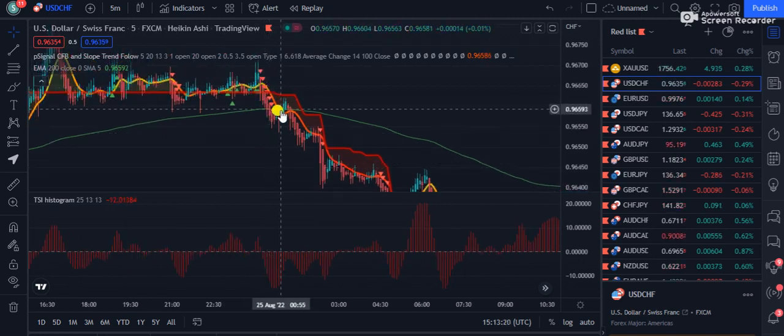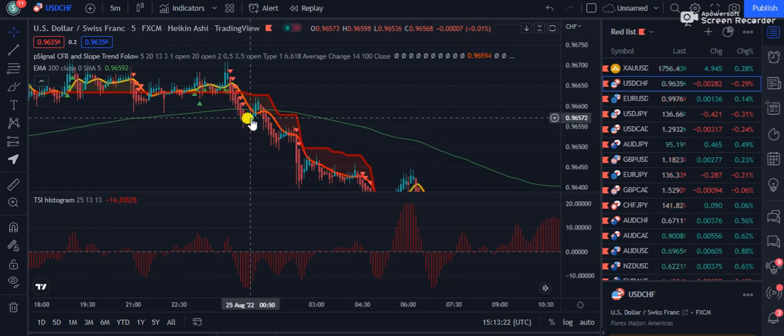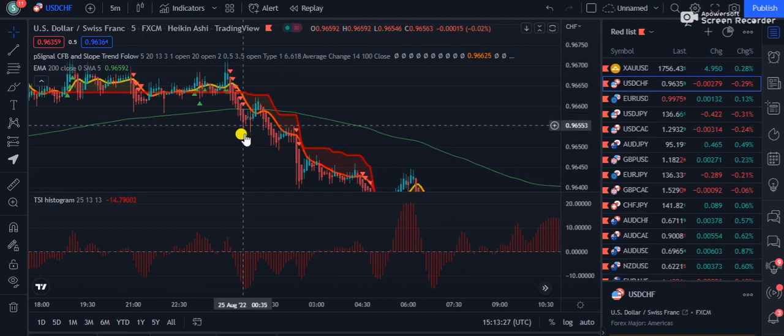And the third condition, you need to check whether the market is below the 200 EMA or not. Yes, definitely the market was below the 200 EMA, right?